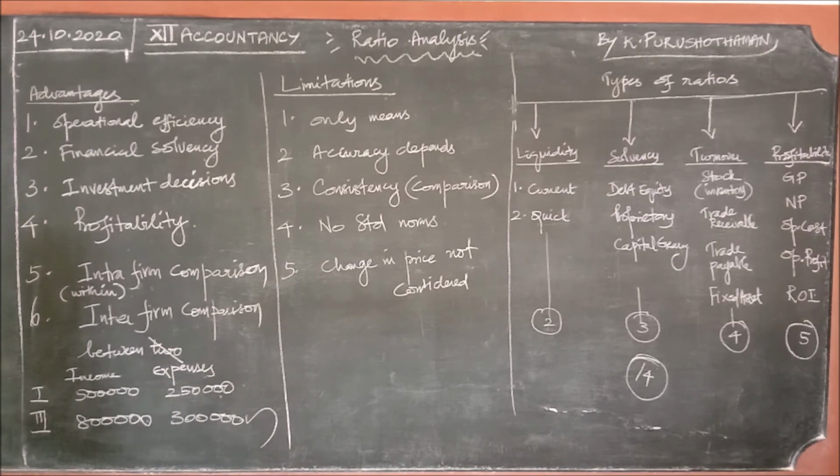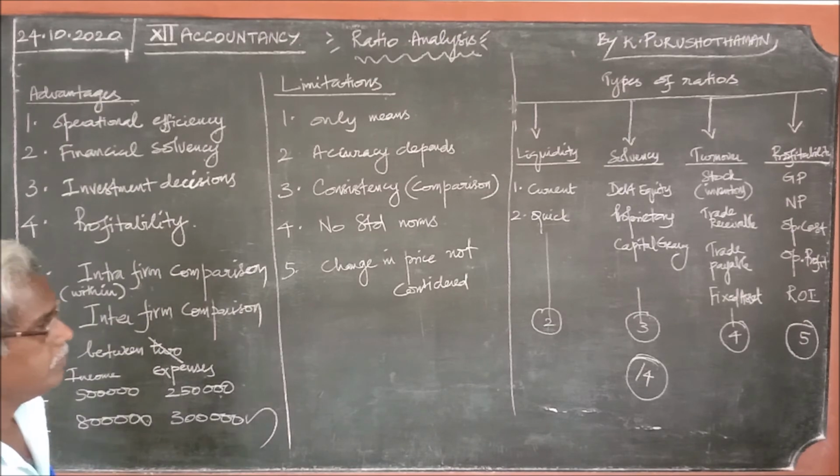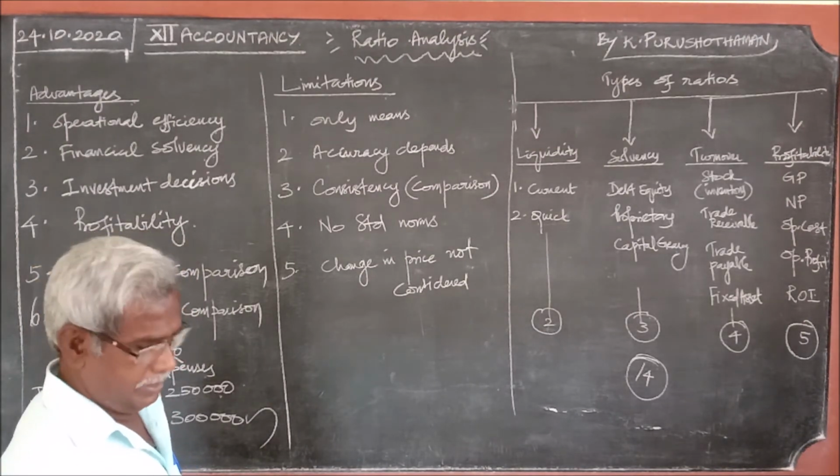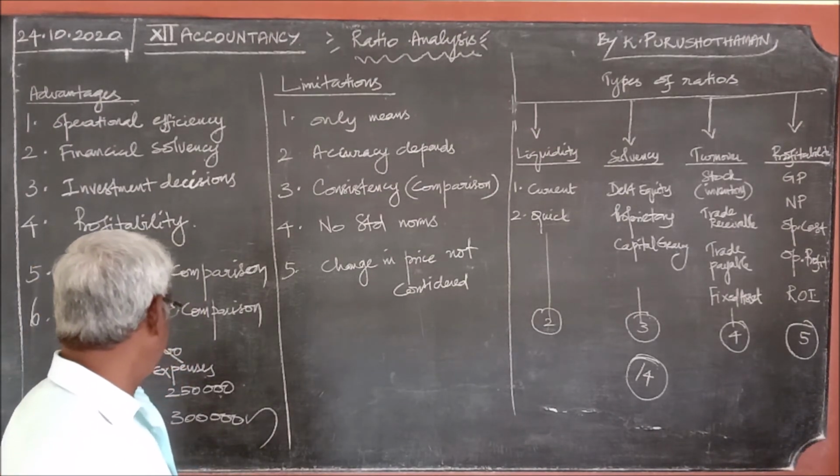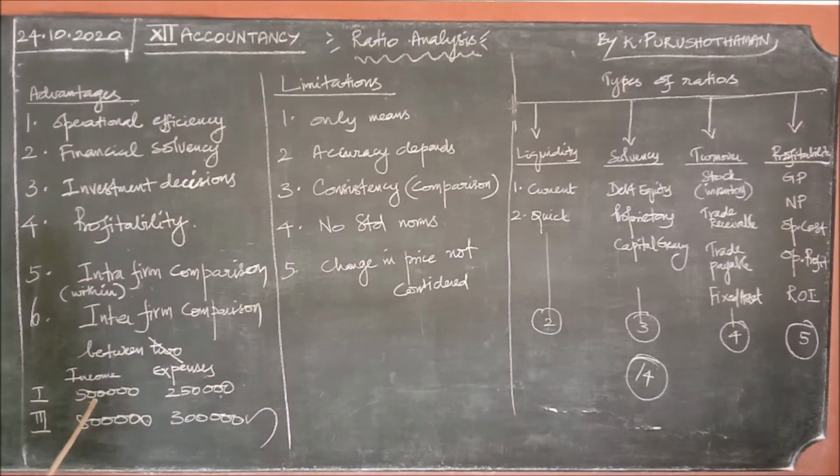And the last drawback is very, very important. Just now I said, one company earned 5 lakhs, another company earned 8 lakhs. How is it possible?